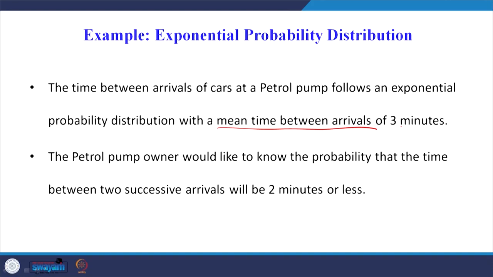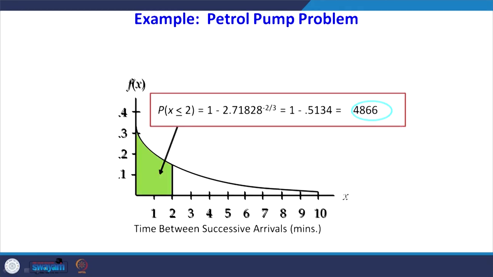So, x value is less than or equal to 2. If you want to know P of x less than or equal to 2, you have to substitute into that cumulative distribution function, 1 minus e to the power minus x by mu, where the x value is 2. So, it is 0.4866. So, this shaded area.